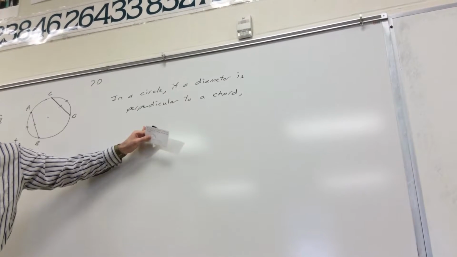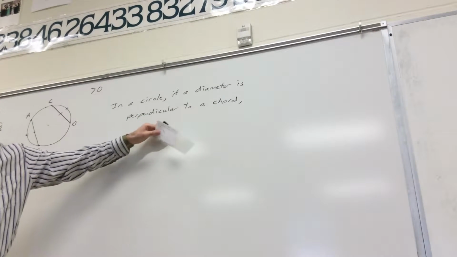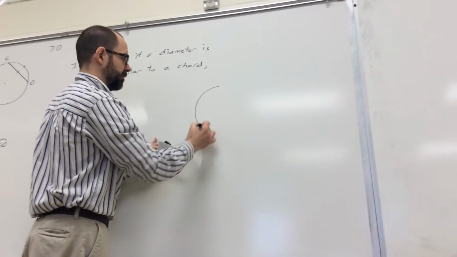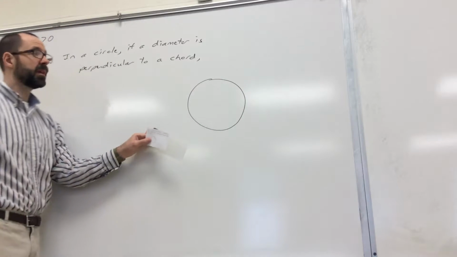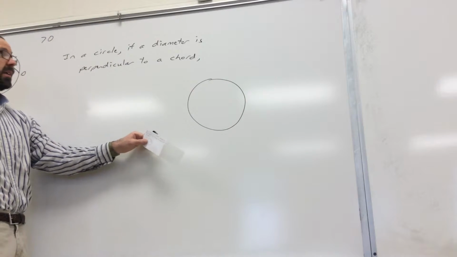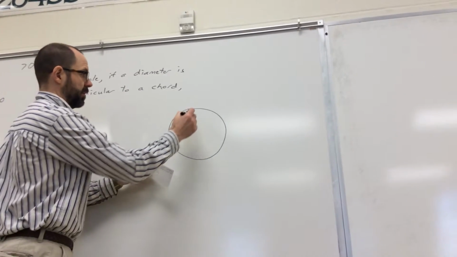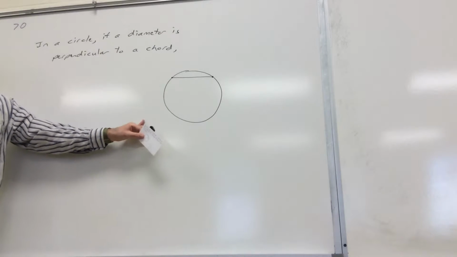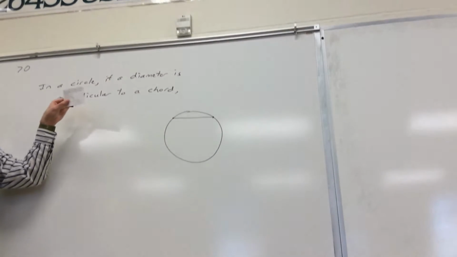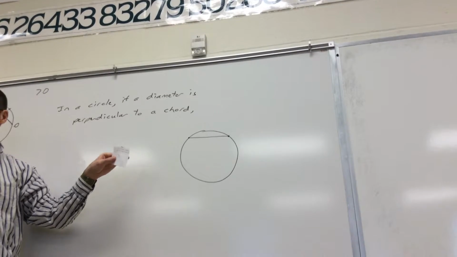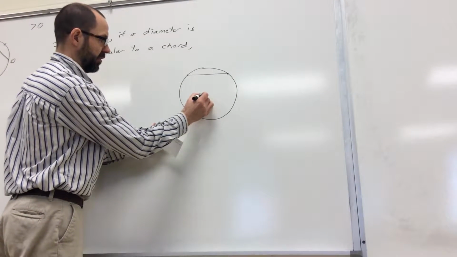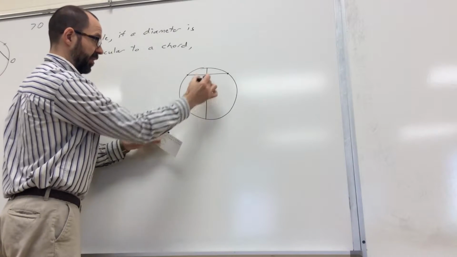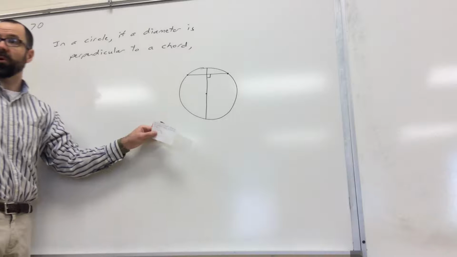I know you're dying to find out what happens, but just hold on a second. Let's draw a picture for this situation. So we need a circle. And then we need a chord. And then we need a diameter that's perpendicular to the chord. So I have to go through the center. So there's a diameter that's perpendicular to the chord.